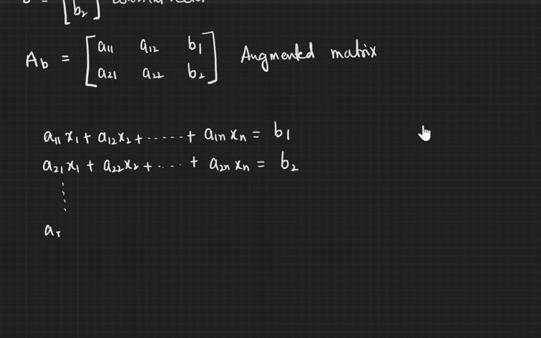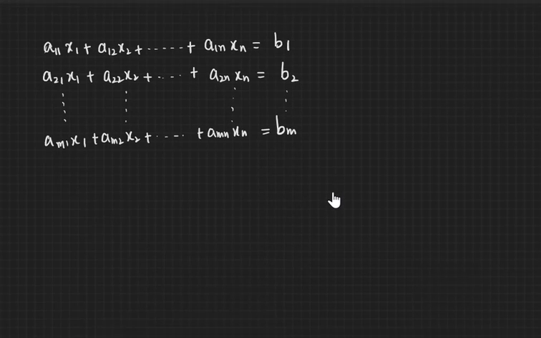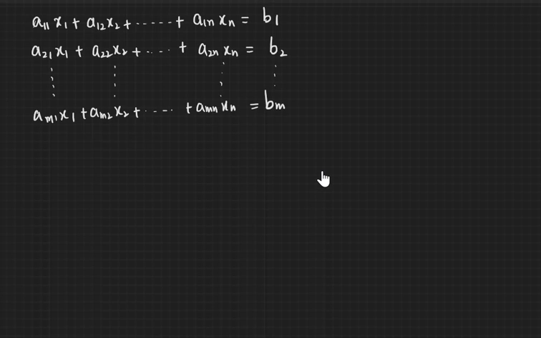Similarly, Am1 x1 plus Am2 x2 plus up to Amn xn is equal to Bm. This is the general form of m linear equations in n unknowns or n variables x1, x2, x3 up to xn.